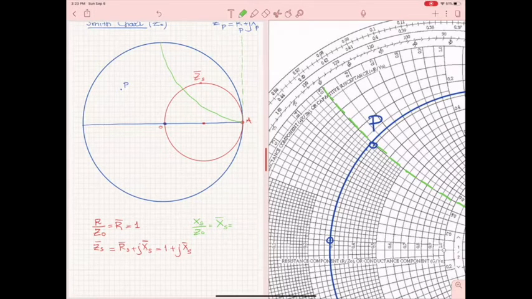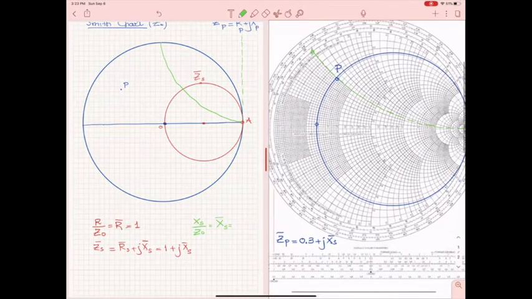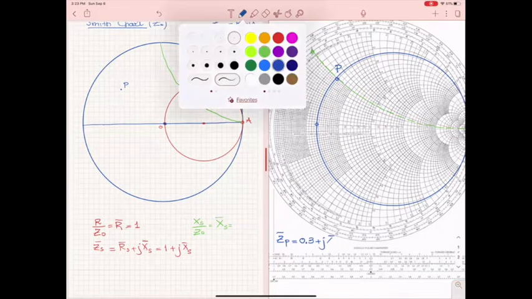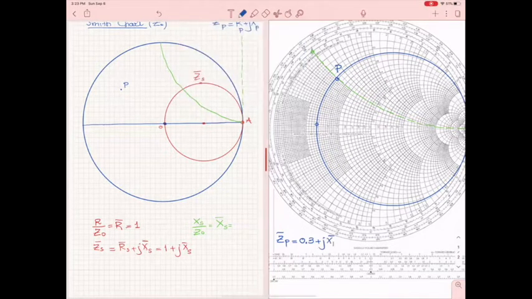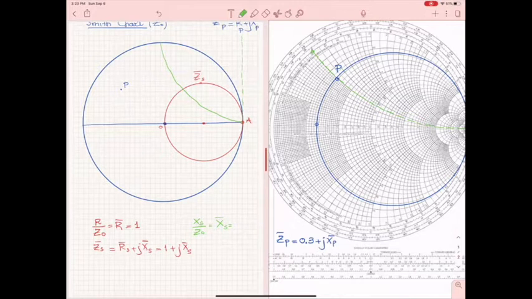So for this point Z sub P, and I should put P here, X sub P, from the green dotted line, X sub P normalized is 0.5.